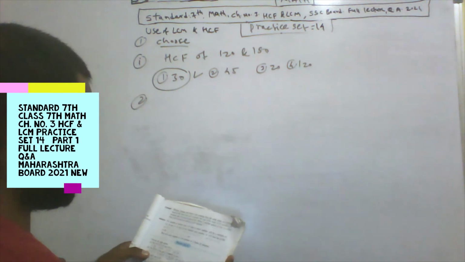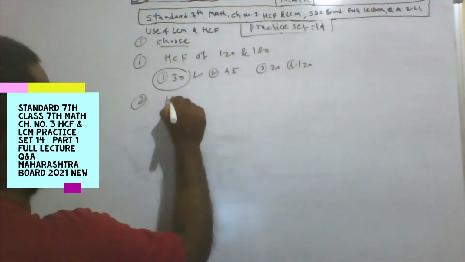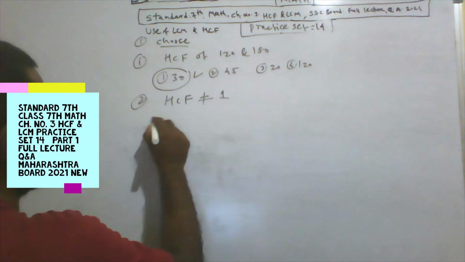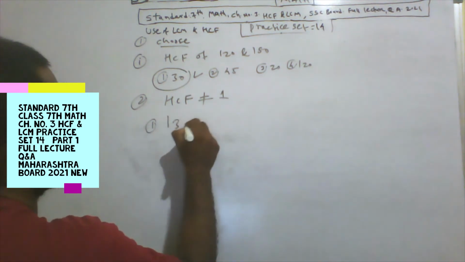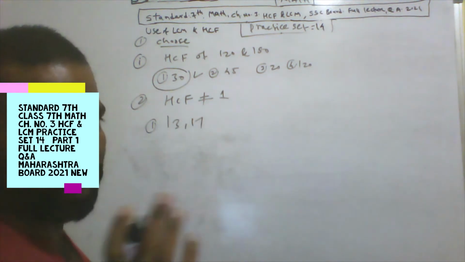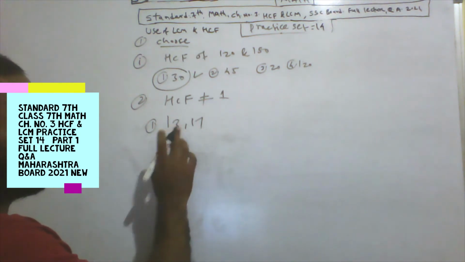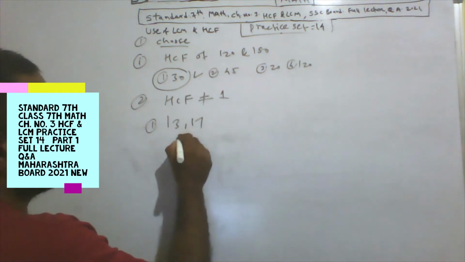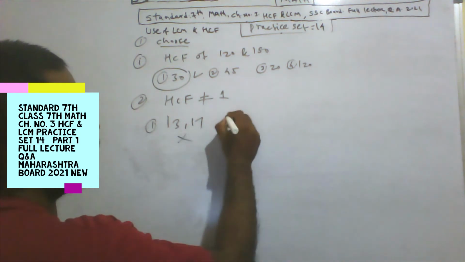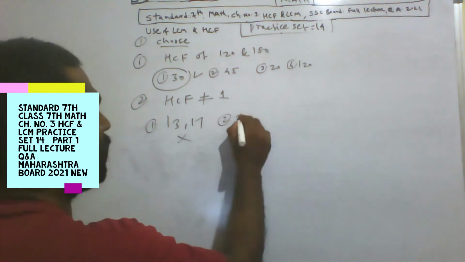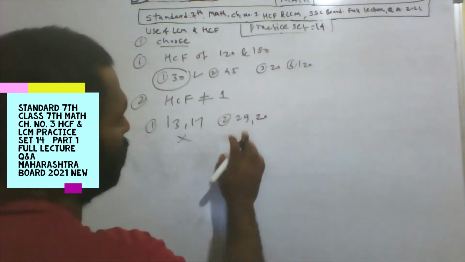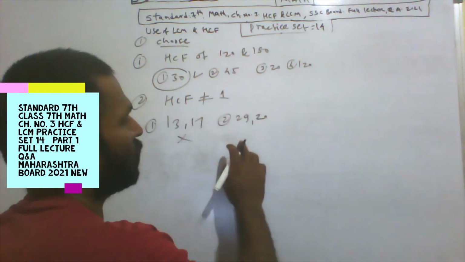The second one: the pair whose HCF is not equal to 1. Option 1 has 13 and 17, both prime numbers, so they have no common prime factors and the HCF is 1, so this is wrong. The second is 29 and 30, which also has no common factors, so the HCF is 1.